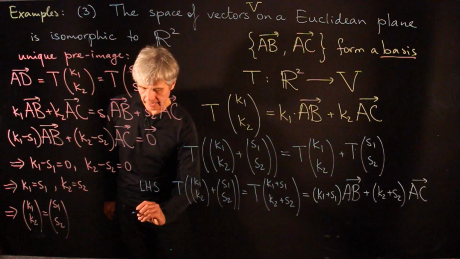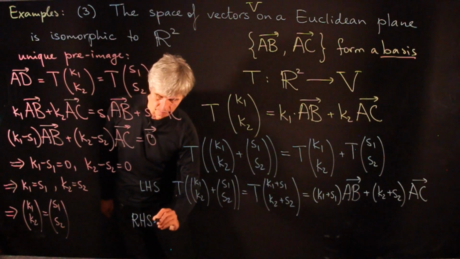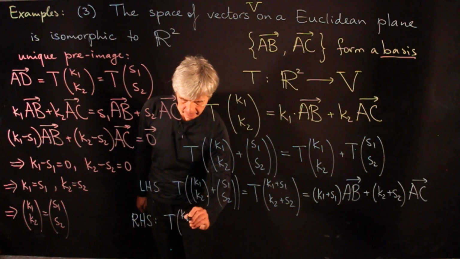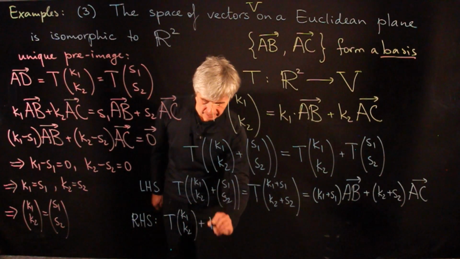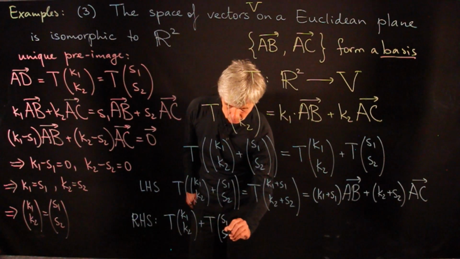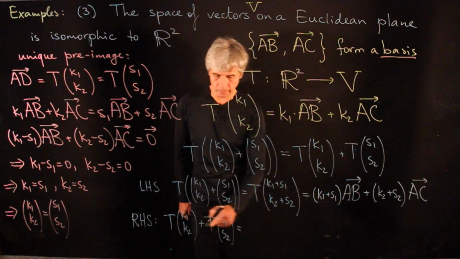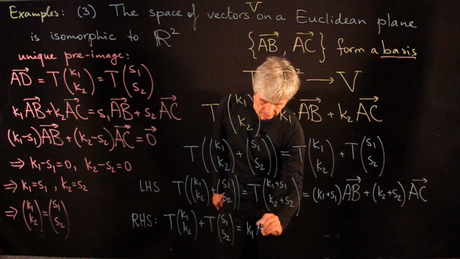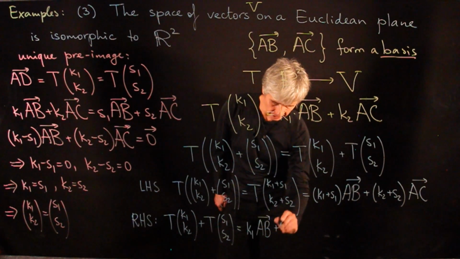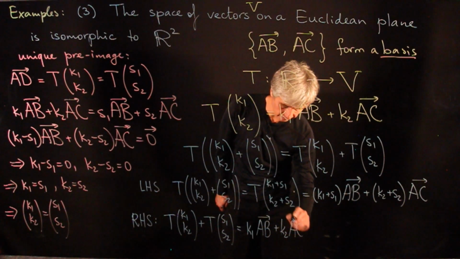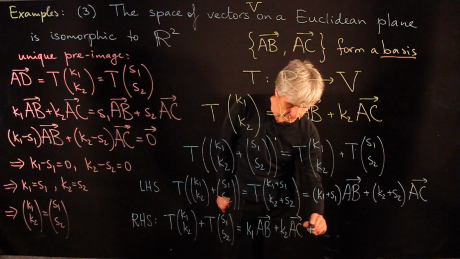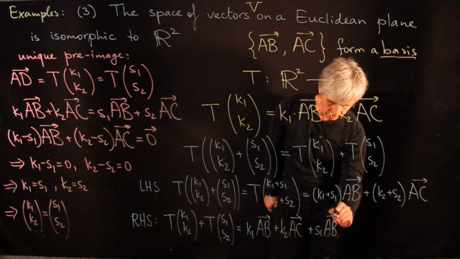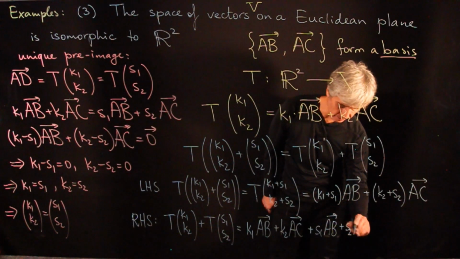Now let's compute the right-hand side. We have T of (K1, K2) plus T of (S1, S2). The first gets mapped to the linear combination K1 AB plus K2 AC, and the second gets mapped to S1 AB plus S2 AC.